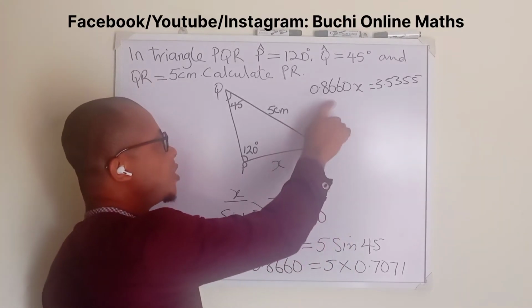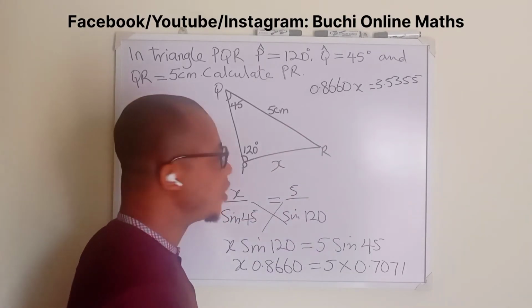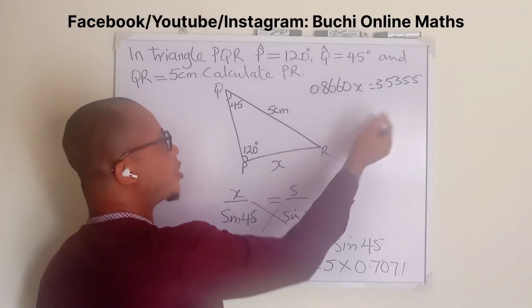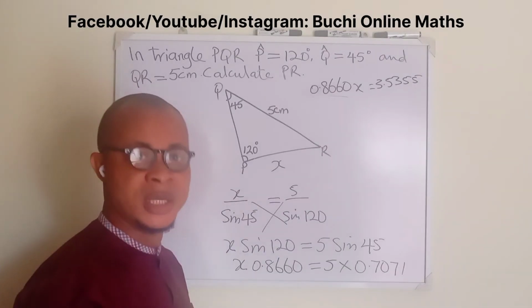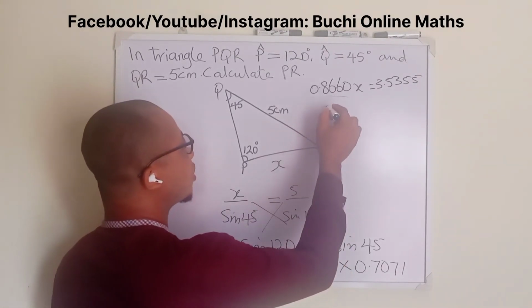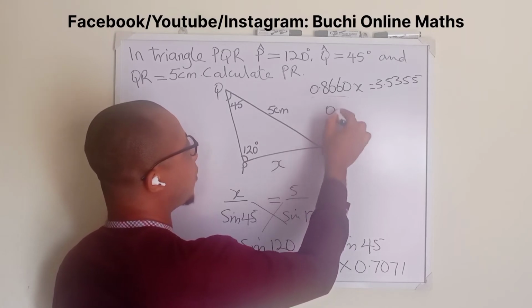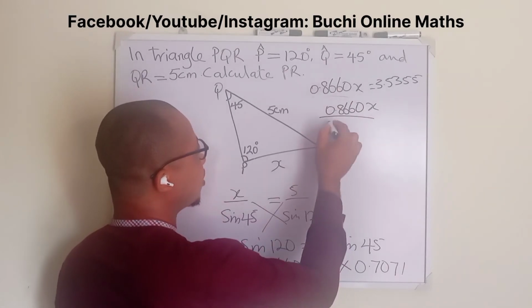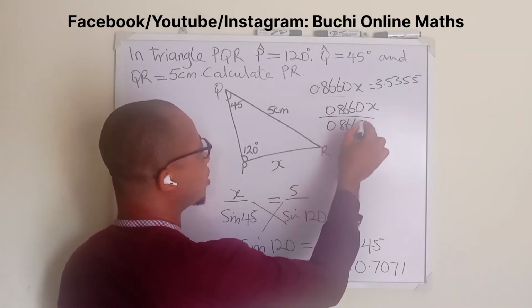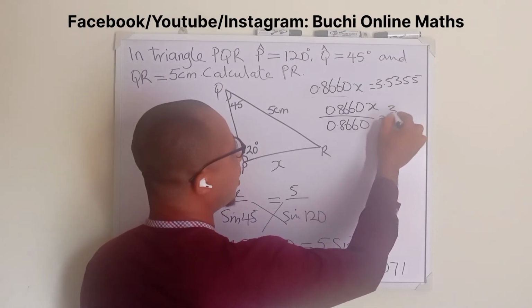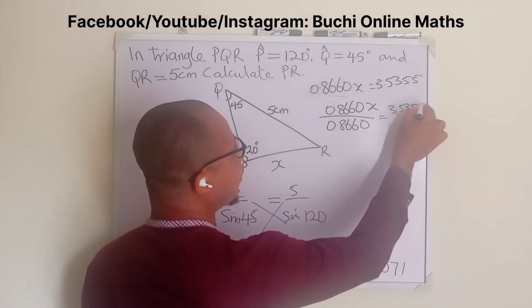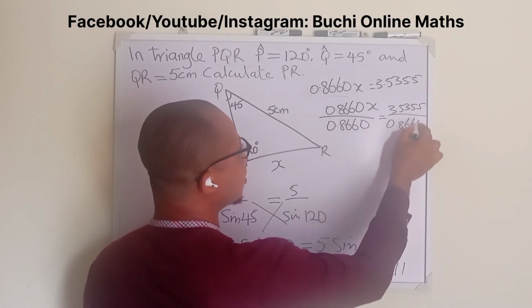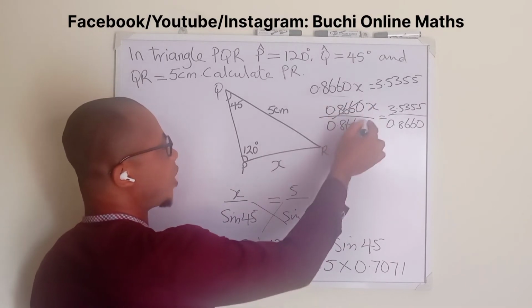Right? Okay, so finally, let's divide both sides by this, because we are looking for X, and X is being multiplied by 0.8660. To make X the subject of the formula, we are going to divide both sides by that thing that is multiplying X. So on the left hand side we have 0.8660X all over 0.8660 equals 3.5355 all over the same thing, 0.8660, so that this will cancel this.